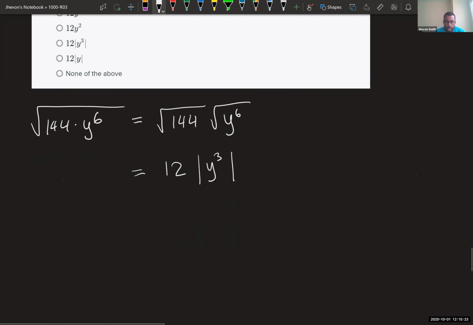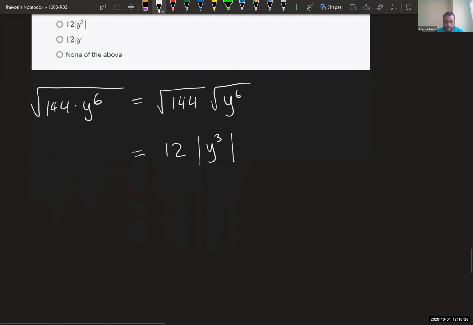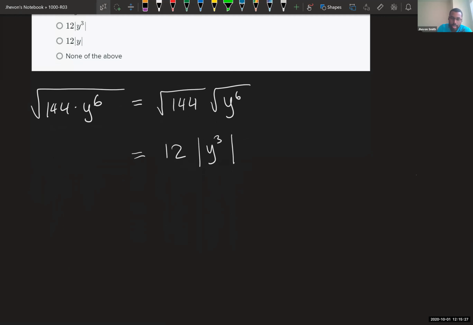Right. So these are some important things to remember. So let's talk about this. Note, radicals are powers. So they follow the laws of exponents. So that's the first thing that you should know. So when I have the radical of 144 y to the 6, this is the same as 144 y to the 6 to the 1/2 power.